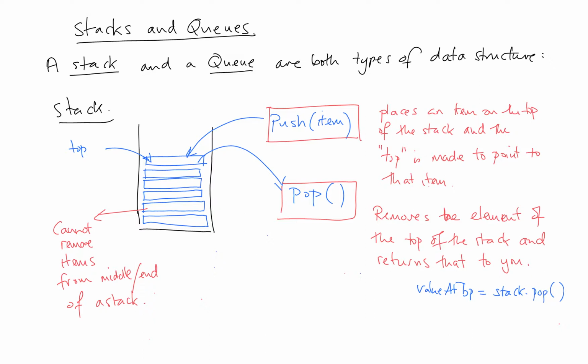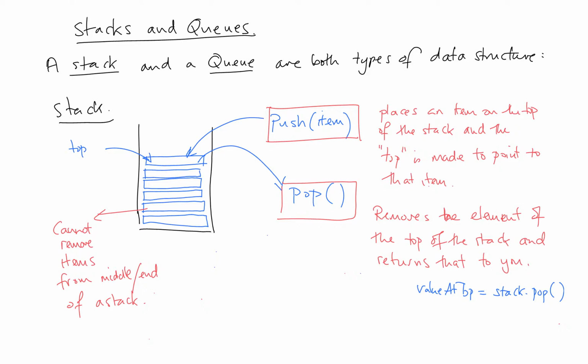Now of course what happens then is that the property called top would no longer point to that thing that you just removed, but would point to the one that's underneath it, because that would then become the top of the stack. And of course, if you're implementing a stack data structure yourself, you need to take care of that sort of thing to make sure that the property called top is indeed the top of the stack.